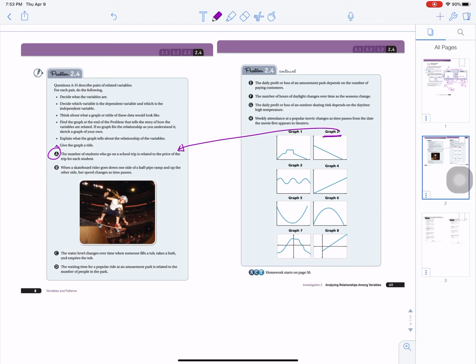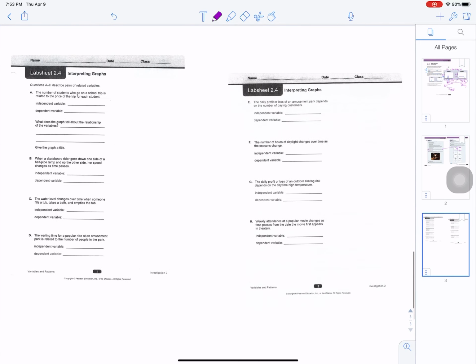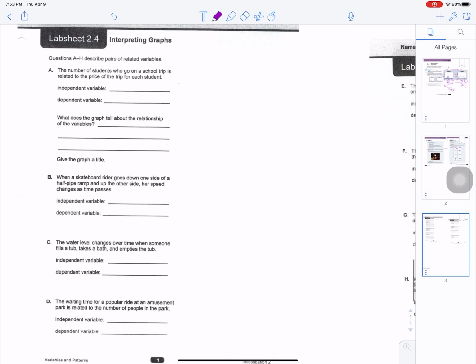Because if the cost was like 0, yes, a lot of students would go, number of students. But if the cost was a lot, basically no one would go. So on our lab sheet, you can see part A, the independent variable would be cost.